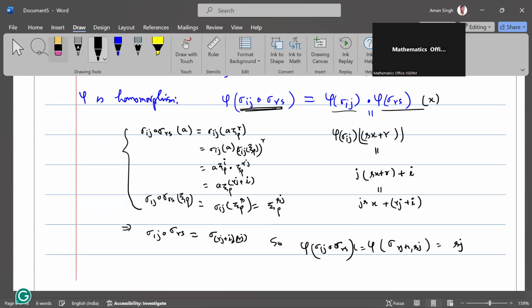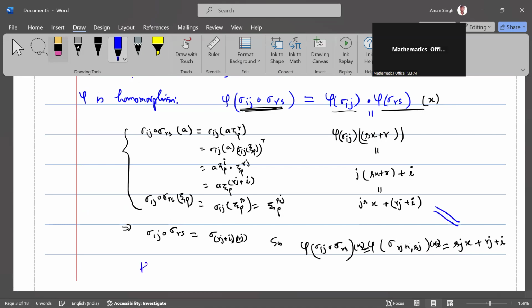If you now evaluate at x, sjx plus rj plus i, which is the same as this, right?